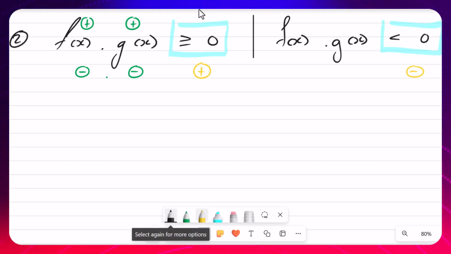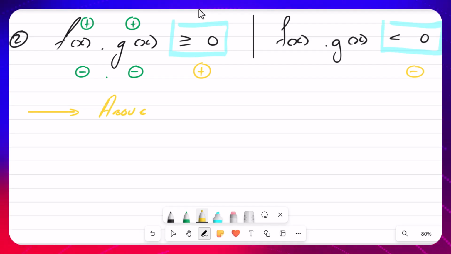Now let's talk about what I mean by positive and what I mean by negative. The positive would mean it is going to be above the x-axis, and the negative would mean that it is going to be below the x-axis.